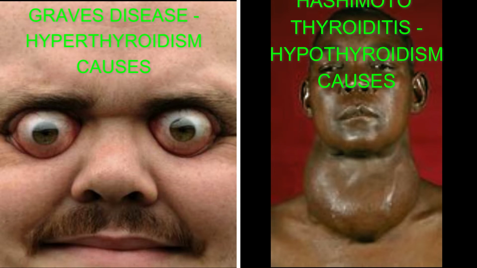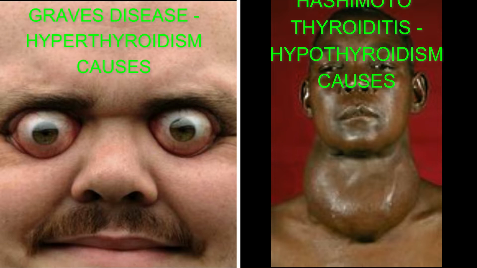Here are the causes of hyperthyroidism. So first, hormone overproduction, excessive iodine intake, tumors, for example, thyroid gland tumors. Other tumors may be, for example, ovaries, testes, and pituitary glands.